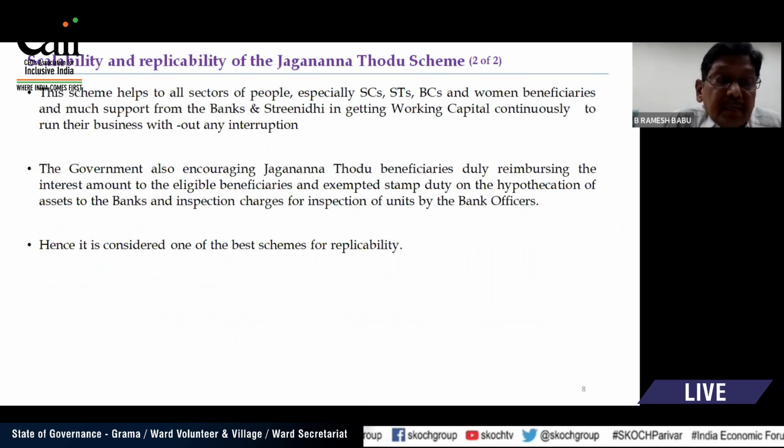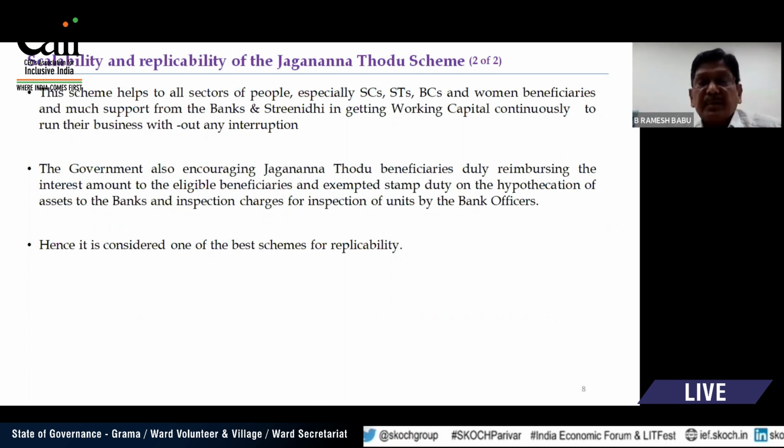And moreover, we involved not only banks but also Srinidhi, a cooperative organization run by women self-help groups, to extend financial support and working capital to the street vendors.